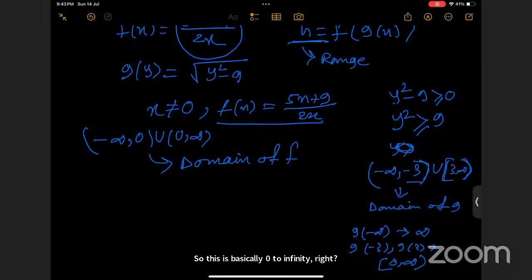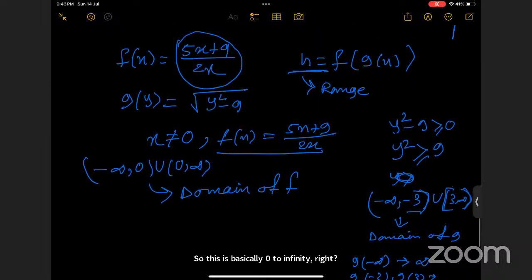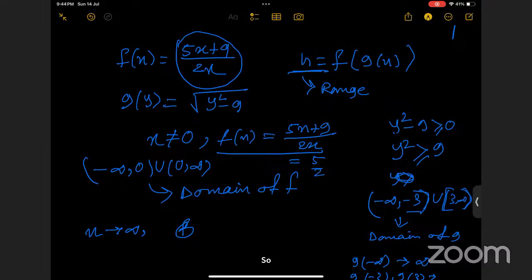And the range of f, similarly, we can calculate when x tends to infinity. So f of x we can write as 5 by 2 plus 9 by 2x, right? When x tends to infinity, yeah, now I got it.